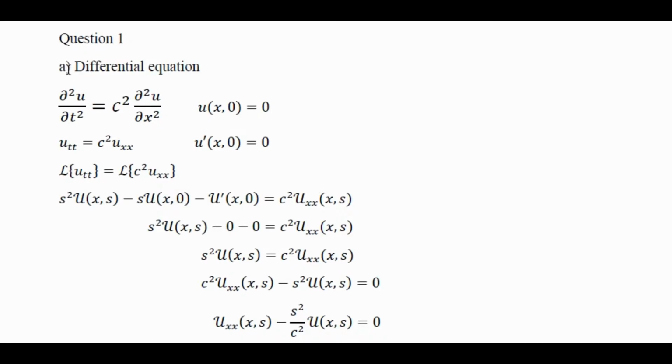Question 1, part A, differential equation. The equation gives us u_tt equals c squared u_xx, u(x,0) equals 0, u'(x,0) equals 0.